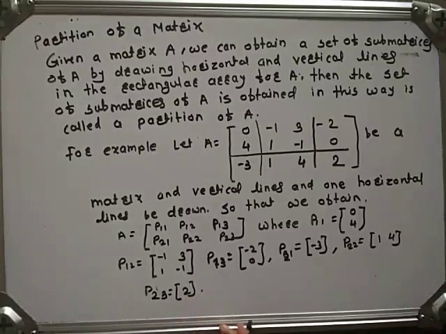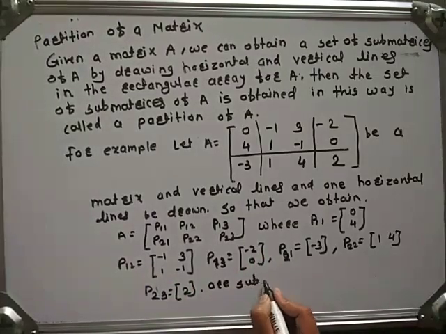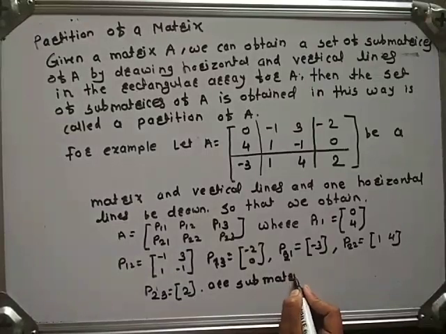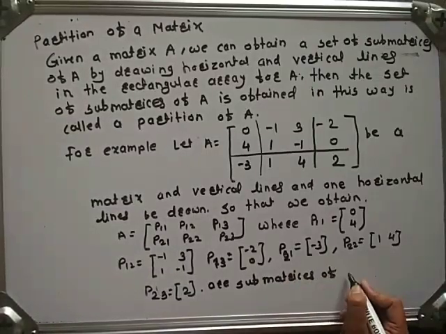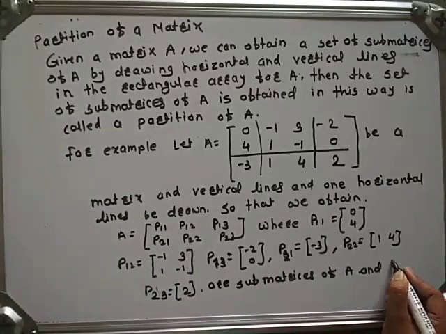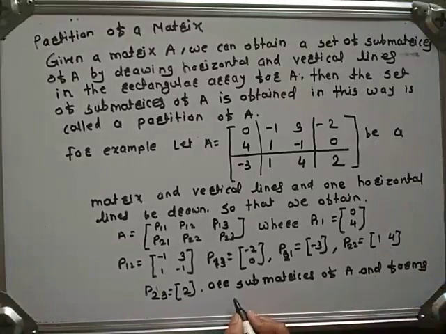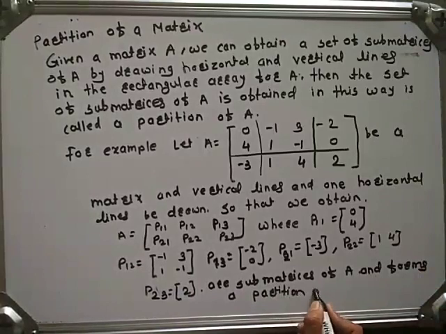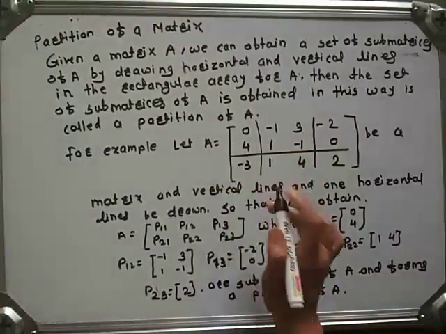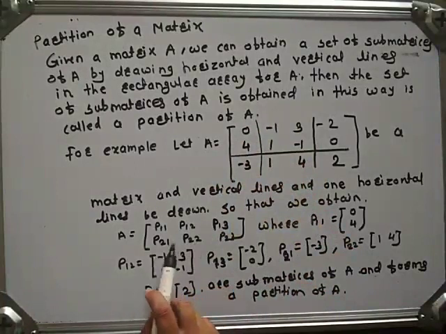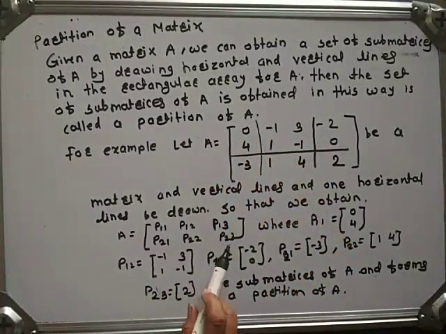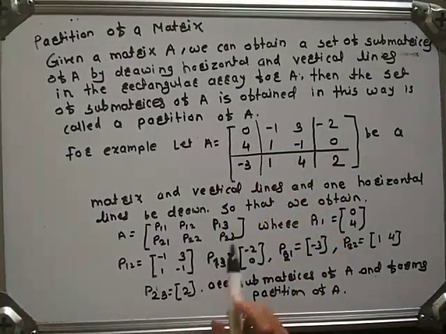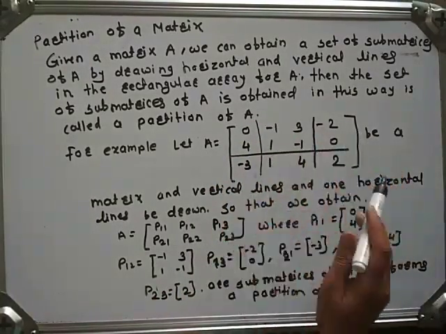These are submatrices of capital A and form a partition of A. These matrices P11, P12, P13, P21, P22, P23 are obtained by drawing vertical lines and horizontal lines.